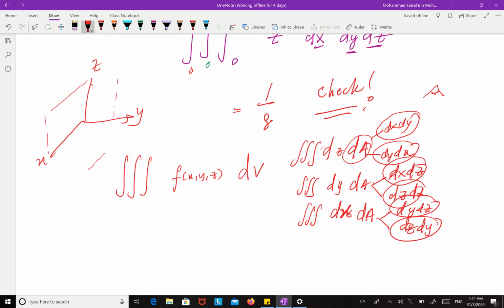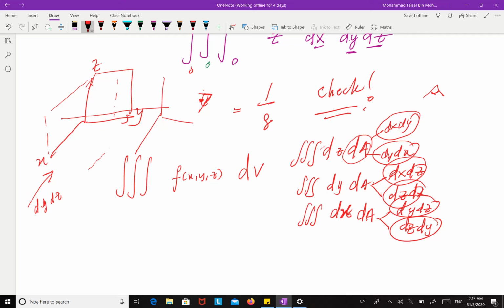Let's say I have a line. If I put my eyes here, that is dx dz. If it is dy dz, it is here; if you put your eyes in front, dy dz is at the back.